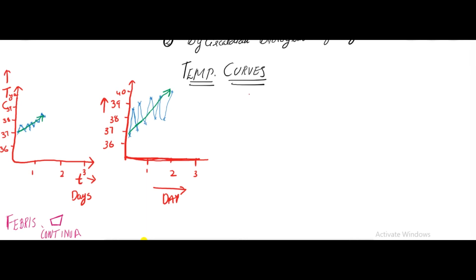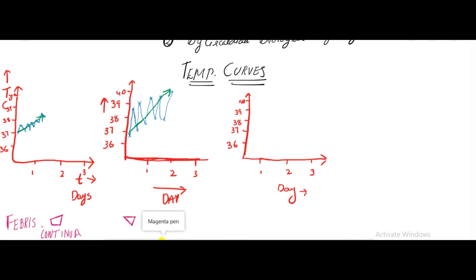The fluctuation is greater than 1 degree Celsius here, and this curve is known as febris remittance. This fluctuation is greater than 1 degree Celsius per day.